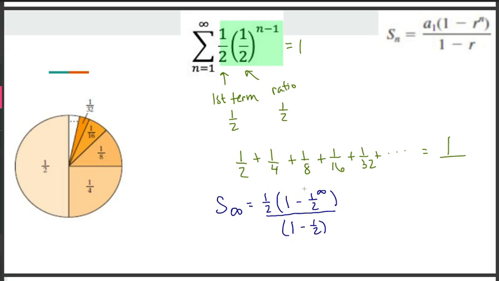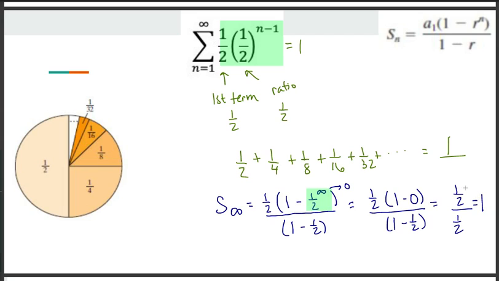We've seen through our work with exponential equations in the past that when I take 1/2 to a really large power, that approaches 0. So if we think about simplifying this formula now, it would be 1/2, my original term, 1 minus 0, and 1 minus 1/2. So 1/2 over 1/2 gets me 1.